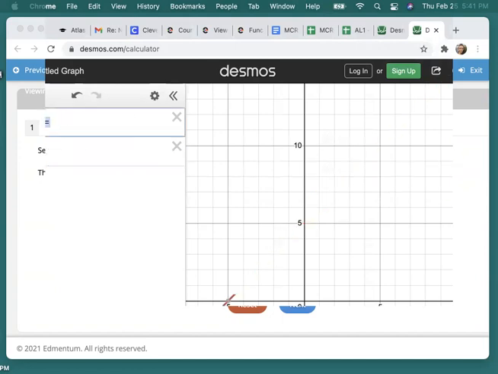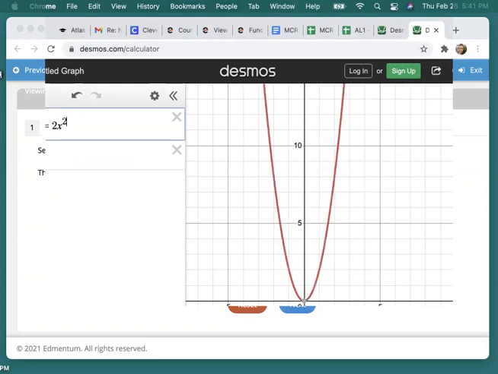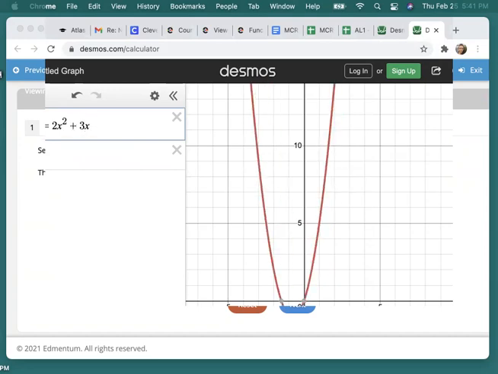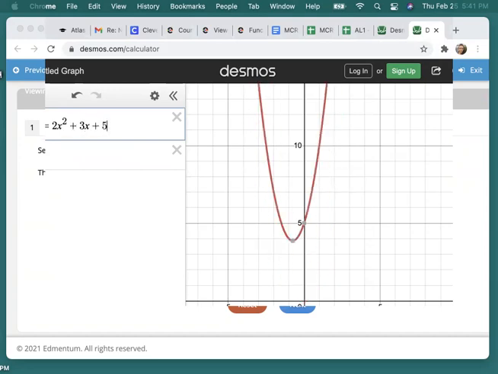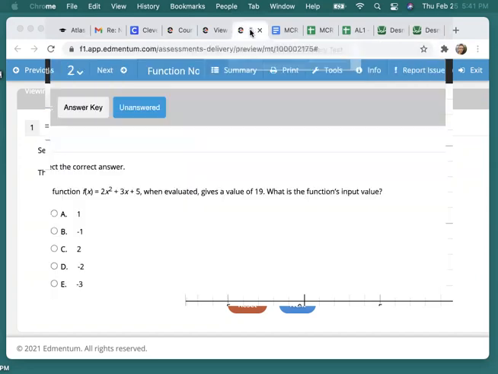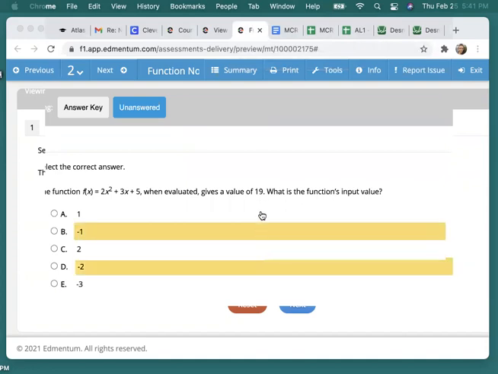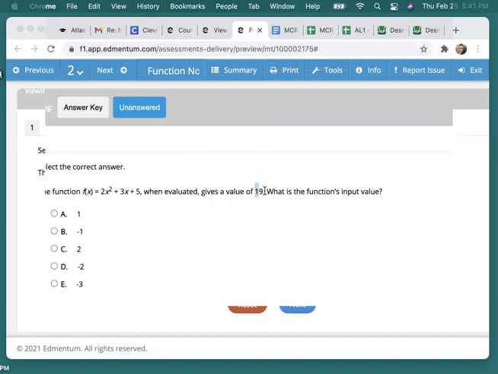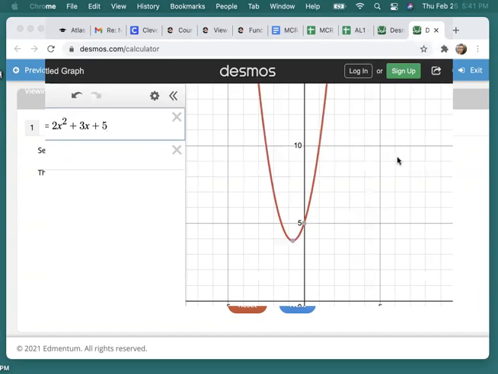So if I do y equals 2x squared plus 3x plus 5, you see I have a parabola and it opens up. And I'm going to look at where it crosses the number 19.